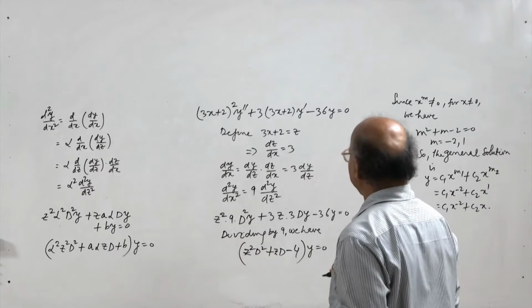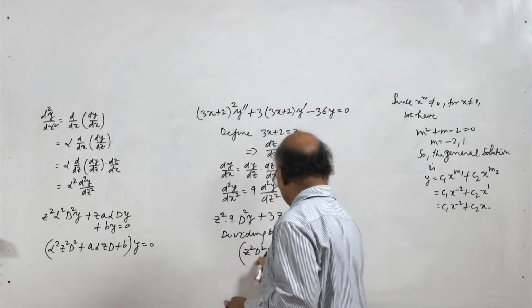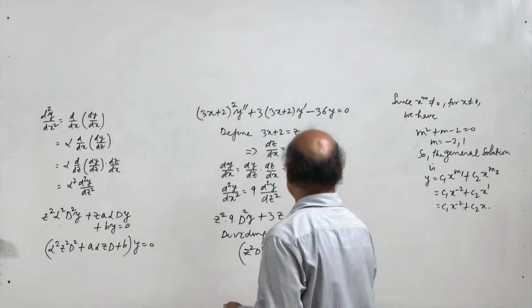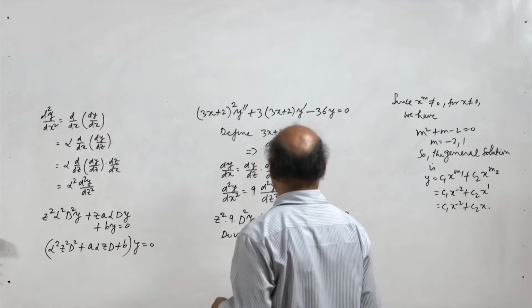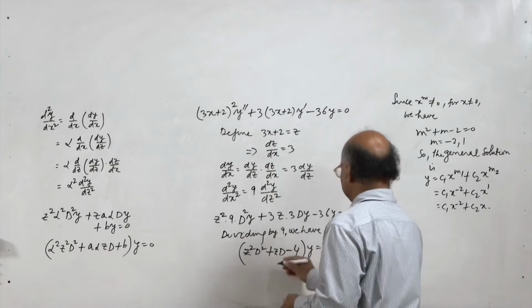Now, this is a Cauchy-Euler equation with the coefficients here 1 and here we have minus 4.